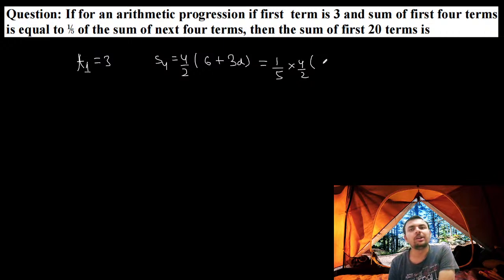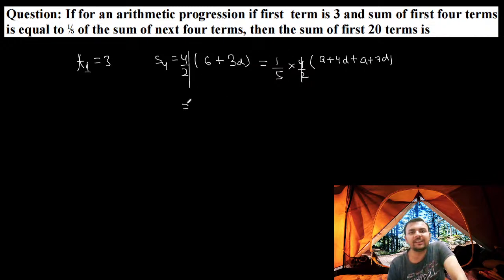The next four terms start with fifth, sixth, seventh, eighth, so it is a plus 4d plus a plus 7d. This will get cancelled.